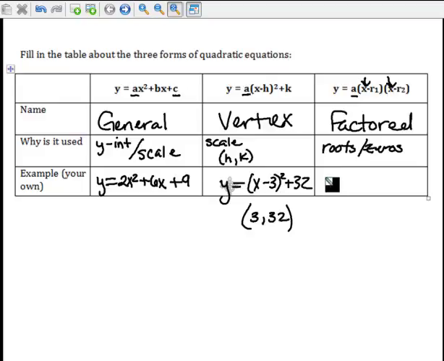An example here would be y equals 3 times x minus 4 times x plus 3. So our roots would be 4 and negative 3, because 4 minus 4 is 0 and negative 3 plus 3 is 0.